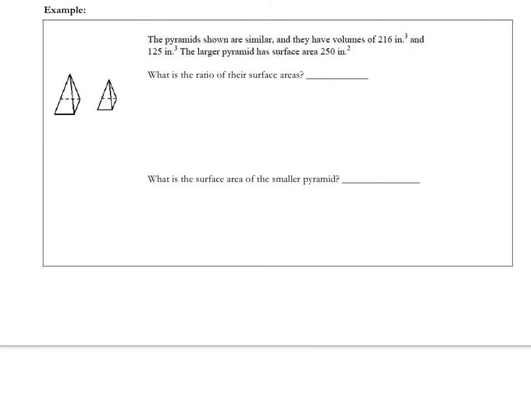In this problem, we have two pyramids that are similar, and it says that the volumes are 216 cubic inches to 125 cubic inches. We're going to first find the scale factor because we want to know the ratio of their surface areas. What you need to do is take their cubic volumes and revert them back into the scale factor.